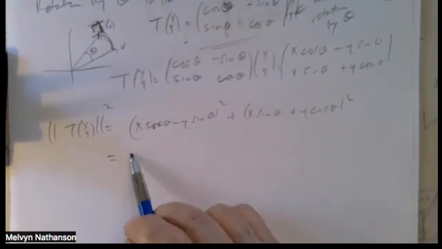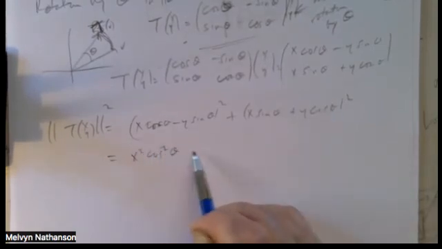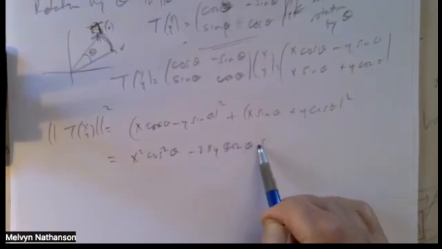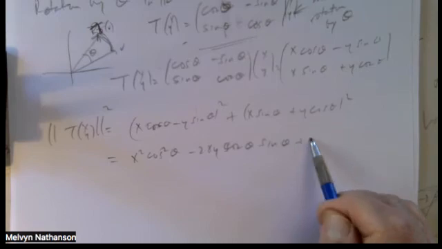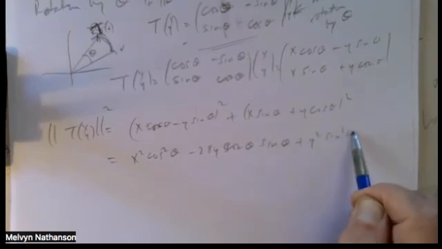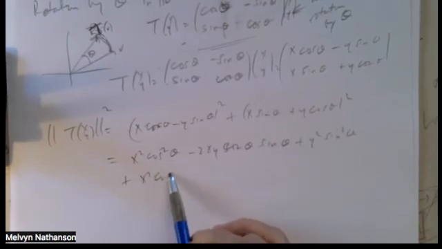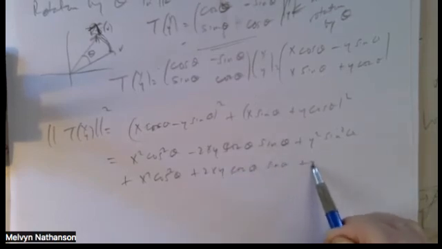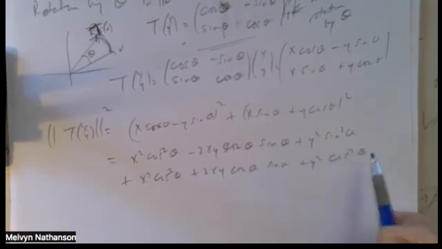If I just do my arithmetic, square this: x squared cosine squared theta minus 2xy cosine theta sine theta plus y squared sine squared theta, plus x squared sine squared theta plus 2xy cosine theta sine theta plus y squared cosine squared theta. When I add, these cancel.